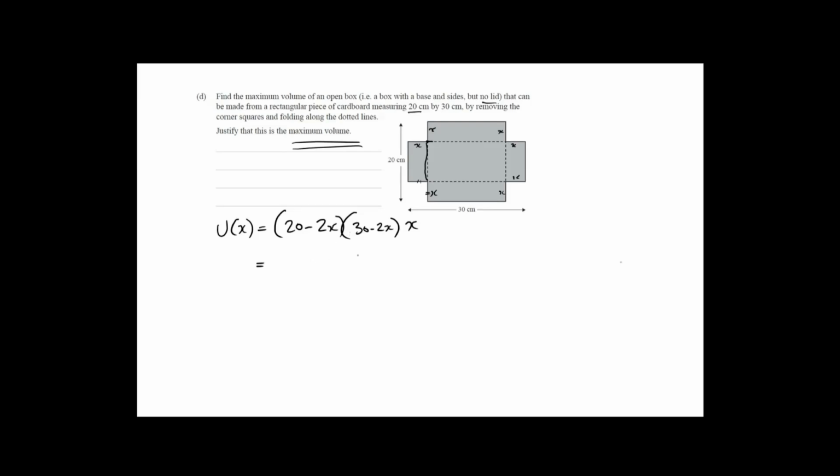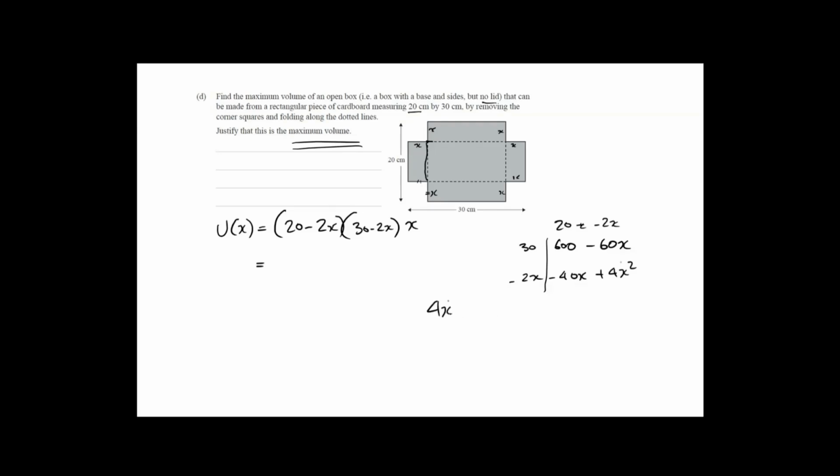So 20 minus 2x and 30 minus 2x. 20 times 30 is 600, minus 60x, minus 40x, plus 4x squared.